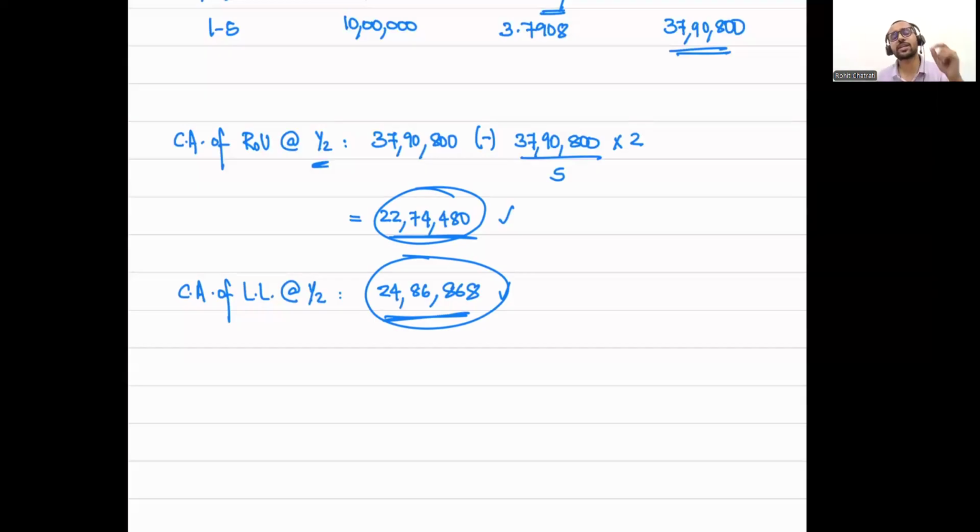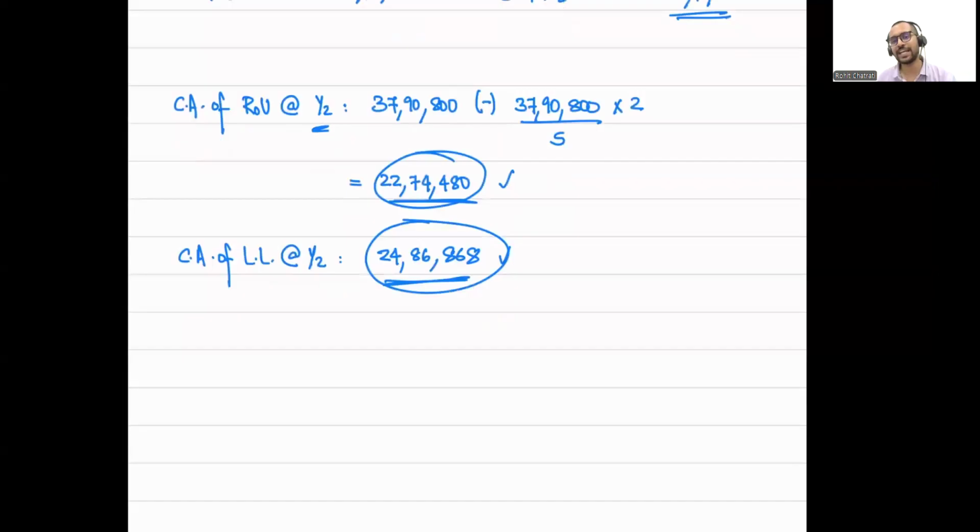We will calculate ROU asset and lease liability as present value of 3 lakhs for the next 3 years, discounted using today's incremental borrowing rate of 8 percentage.